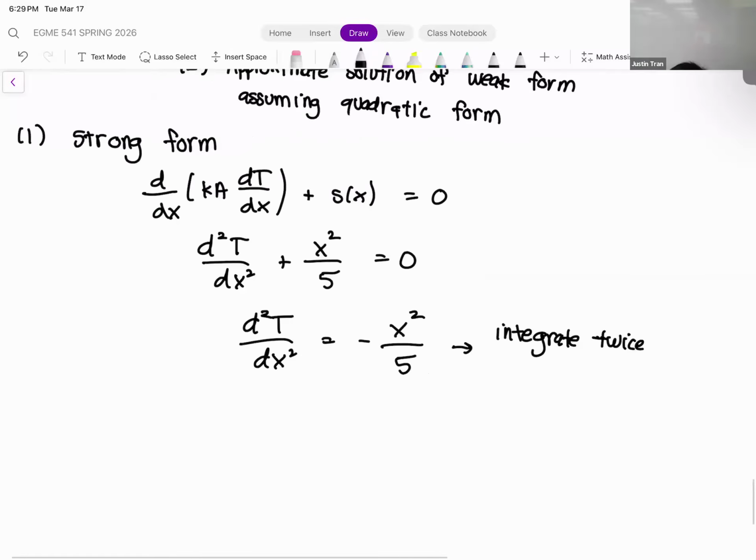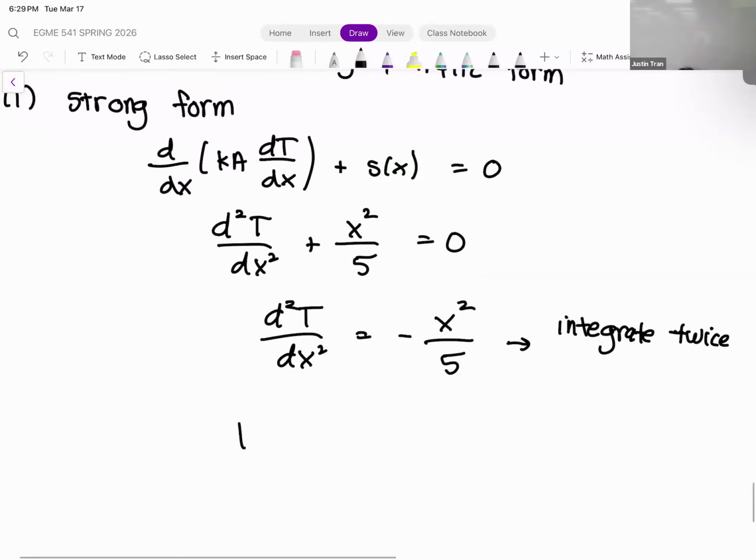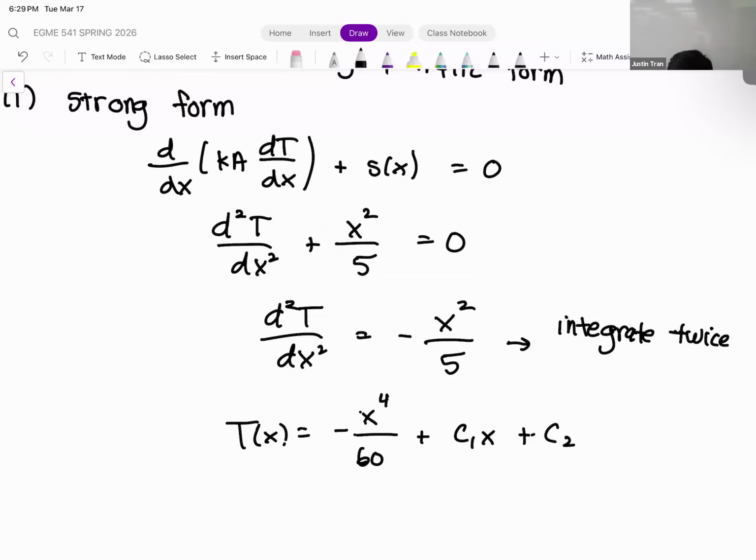And so we do that, we get T of x is equal to minus x to the fourth divided by 60 plus c1 times x plus c2. And this right here is our general solution.